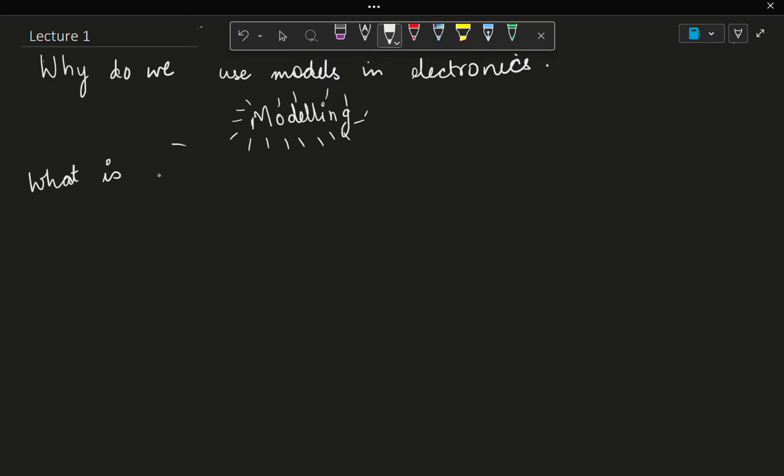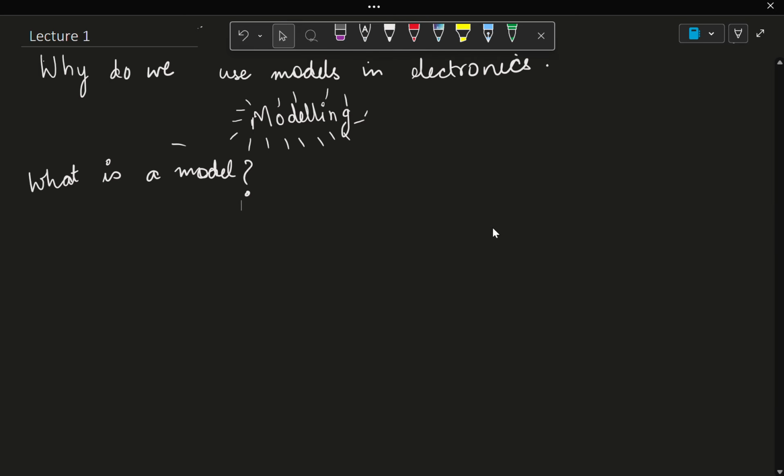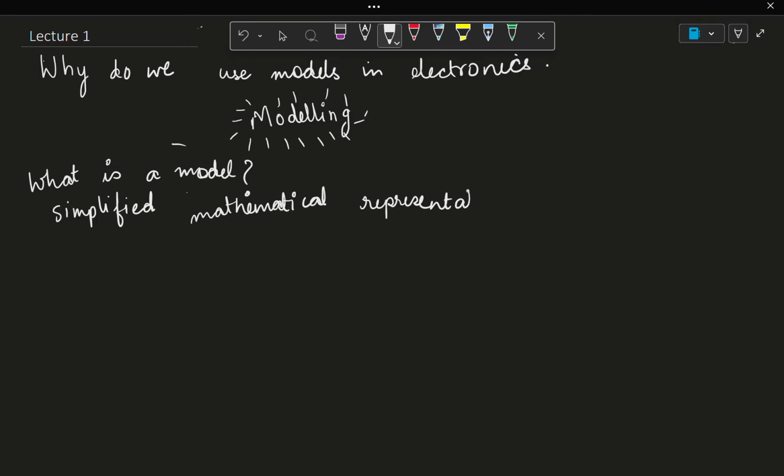So, what is a model? A model is a simplified mathematical representation of a real object or process.